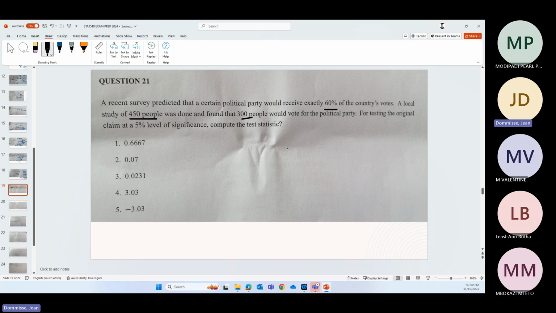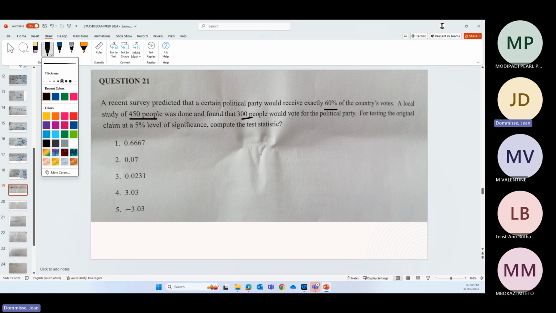For testing the original claim at a 5% level of significance, compute the test statistic. Okay, so let's quickly see. Okay, so again we're working with proportions. Sure, lots of proportions in this one.